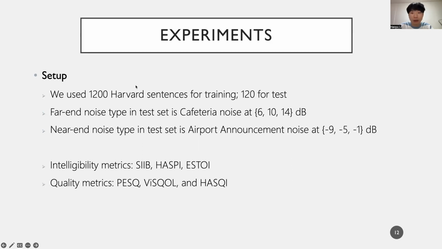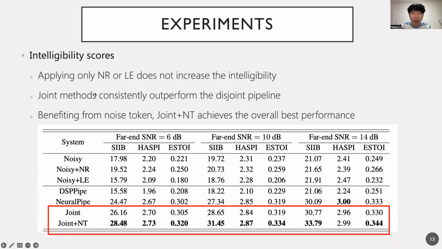For experiments, we use synthesized data for training and also for testing. Regarding the optimization targets, we introduce 3 intelligibility metrics and 3 advanced speech quality metrics. And here is the result on intelligibility scores. The first line is the plain noisy speech without any processing. The next 2 lines are the systems where we apply only the noise reduction or listening enhancement module to the plain noisy speech.